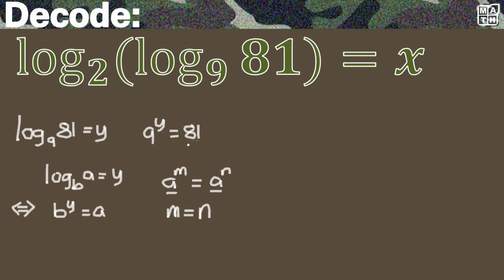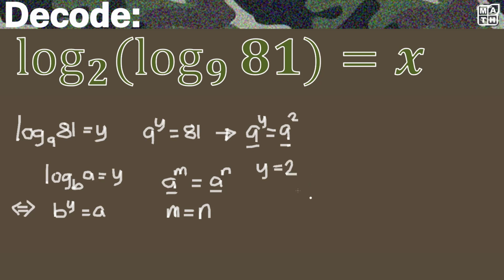So we still have 9 to the power of y, and we can express 81 as 9 squared. Now that we have the same base, y, the value of the entire logarithm, is just equal to 2.